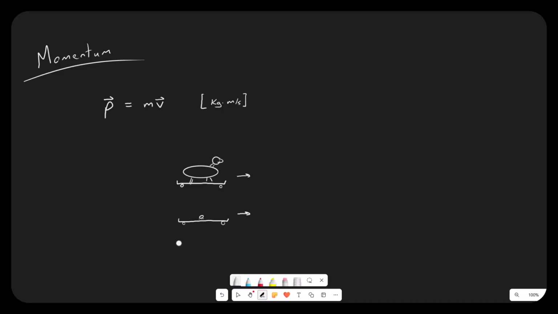If I have this skateboard and instead of having it moving to the right, I now have it move to the left, now it's going to have momentum with the opposite sign of this guy.